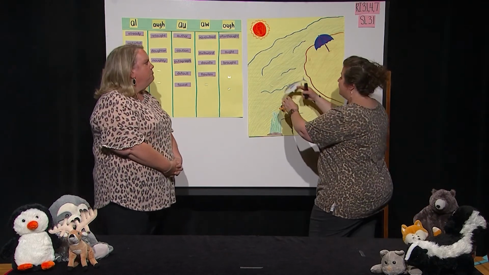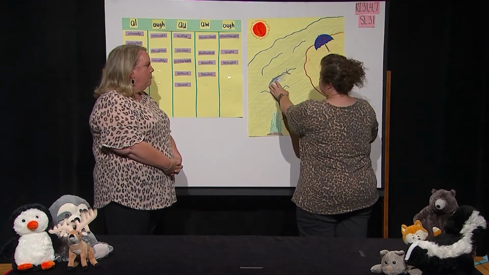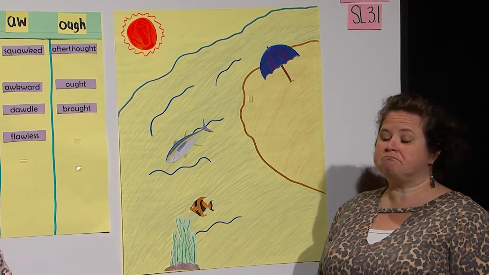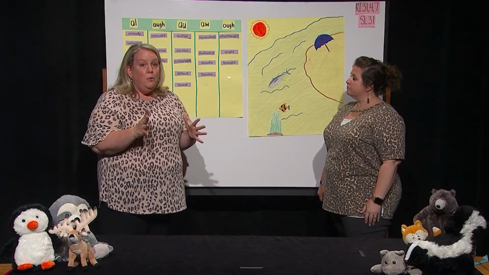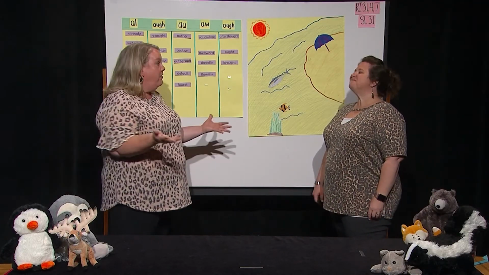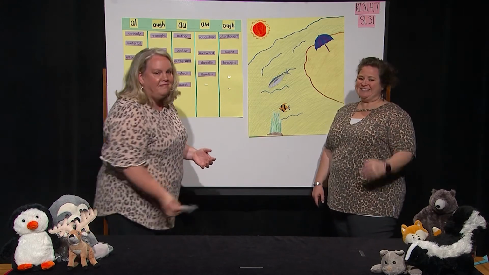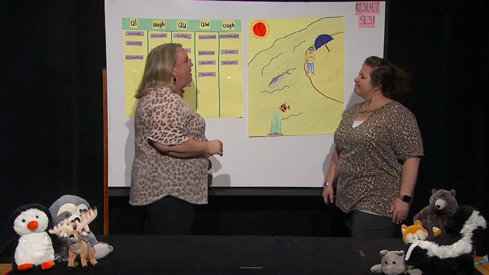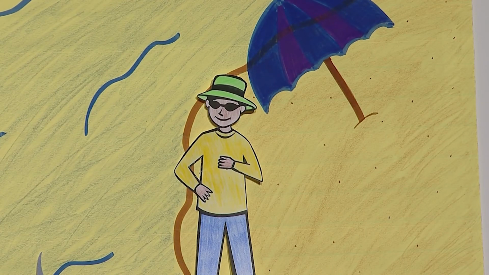So maybe the tuna consumes the smaller fish. And finally, you may consume the tuna for dinner. Exactly. Scholars, this is just one example of many ways a human can be the apex predator of a food chain.